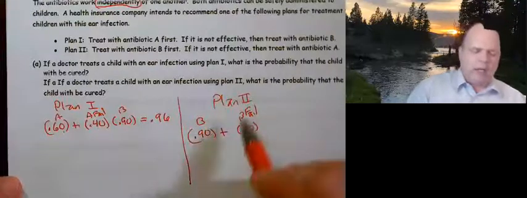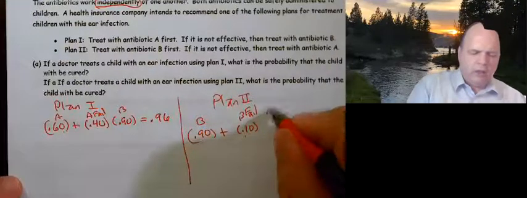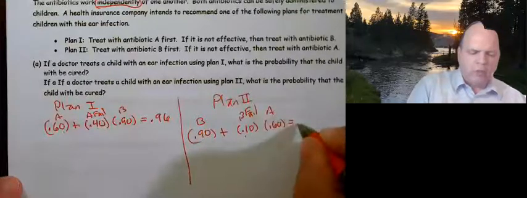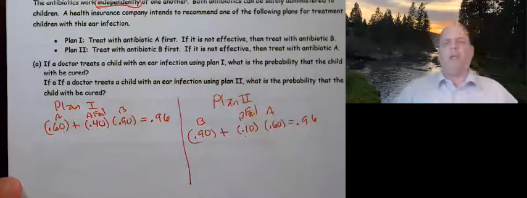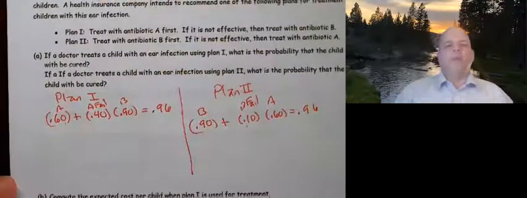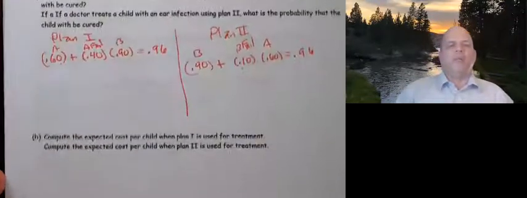And we know that drug A has a 60% chance of success. And when we multiply them out, we end up getting 0.96. So the cure rates are equal.